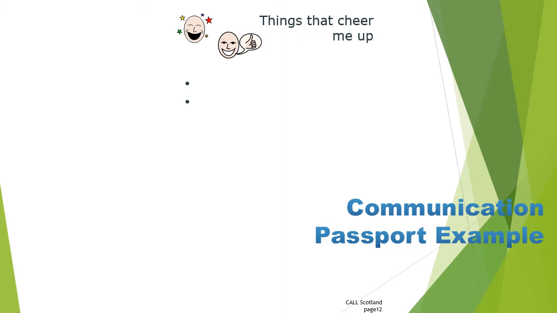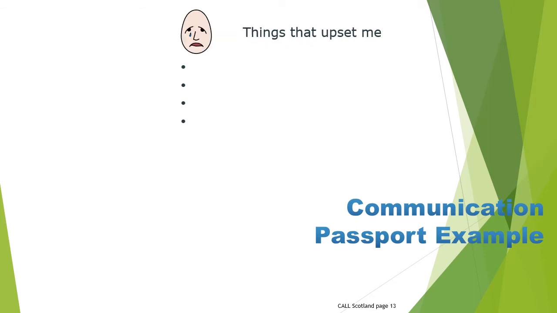Things that cheer that person up. This page is about things that upset that person. All as important as the others, but definitely you need to know things like this. You don't want to upset somebody, so it's important that you know what upsets them.